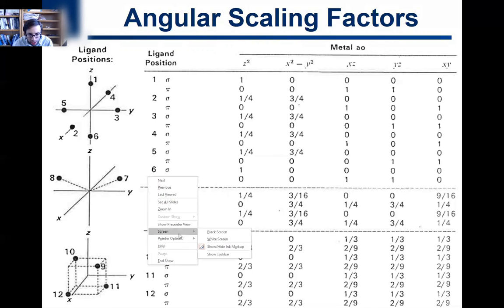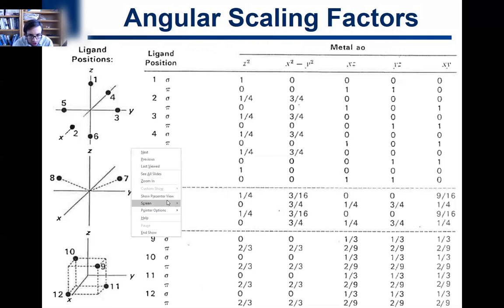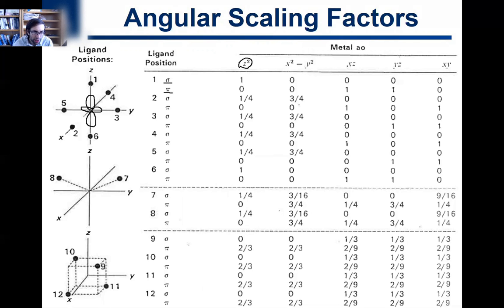Now, with the dz squared here, you cannot have any sort of pi bonding interaction. And why is that? Well, again, let's draw the picture. And so you have your dz squared. Remember, we're just talking about dz squared here. And sigma has very good angular overlap. Pi has none. Why is that? Here's your dz squared. Look, the only way you can try to make a pi orbital is like this, right?